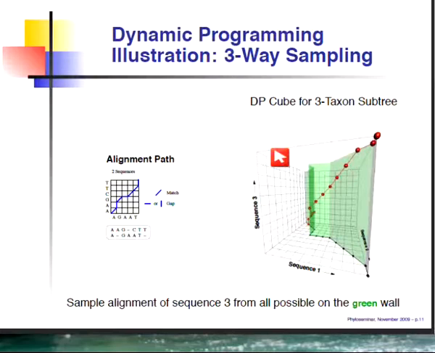Well, Ben's insight into the problem in terms of restricting 2 of them to be fixed to each other was basically saying, instead of sampling from this cubic space, leave the relationship amongst sequence 1 and sequence 2 fixed. So instead, we're just sampling along this wall in this space, or you're sampling amongst this 2-dimensional object. And that leads to a quadratic algorithm.